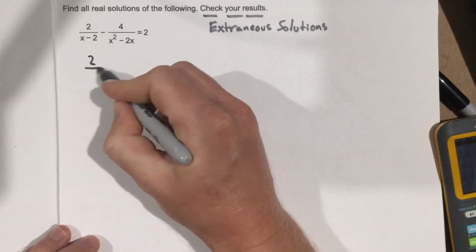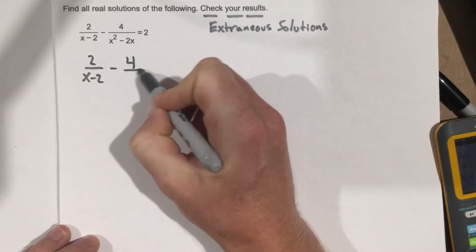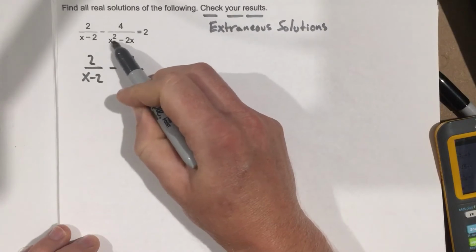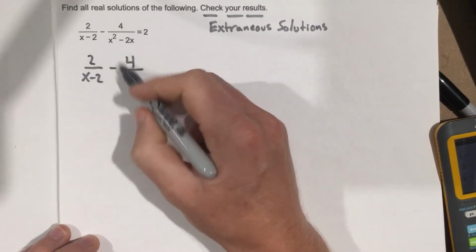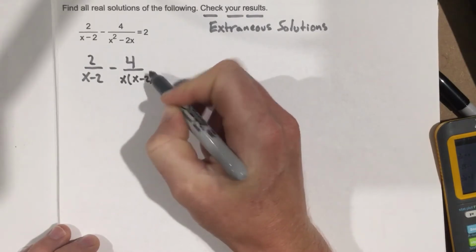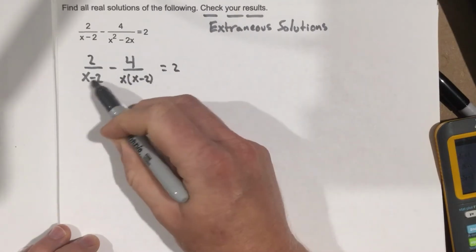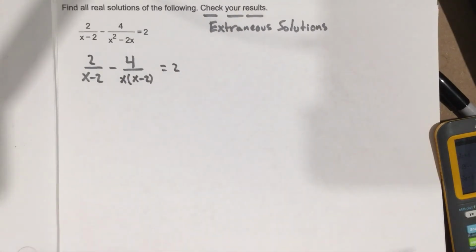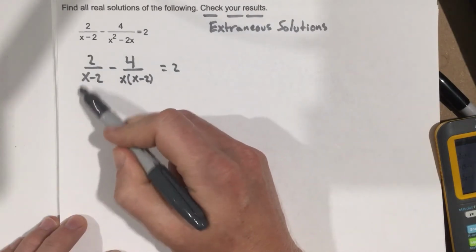So I have 2 over x minus 2 minus 4 over, see I notice that this is x squared minus 2x. That's similar to x minus 2, so I factor an x out, and I have x minus 2. So both denominators actually have x minus 2 in them. The only difference is that this denominator does not have an x in it.